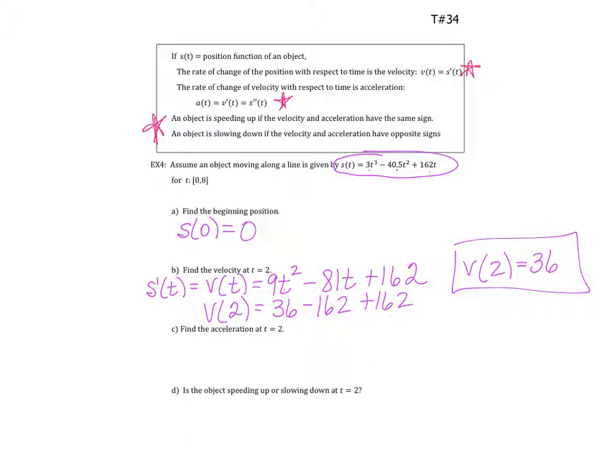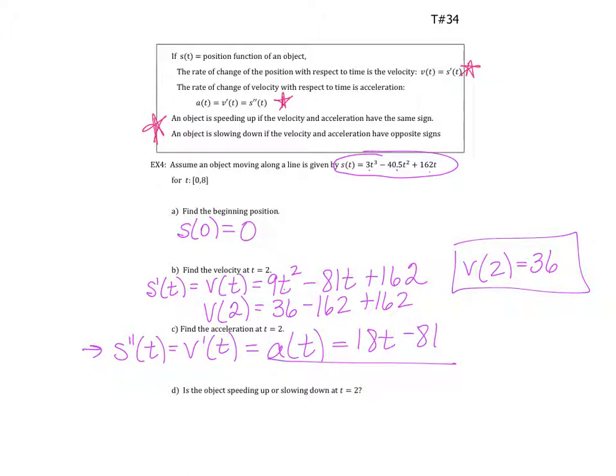Find the acceleration at t equals 2. Well, acceleration is the derivative of velocity. So I have the second derivative of position, or the first derivative of velocity, is a of t, and that is equal to 18t minus 81. I'm not saying that you have to write this part.